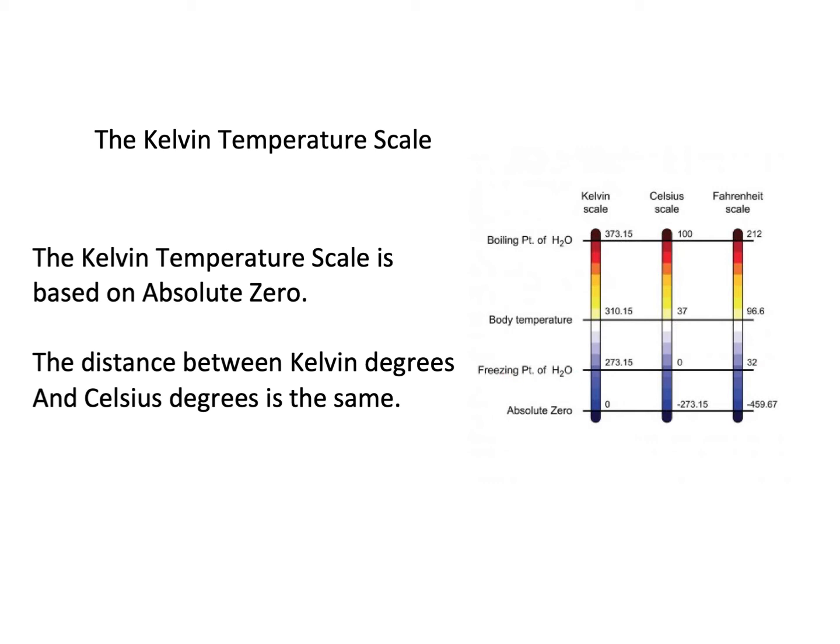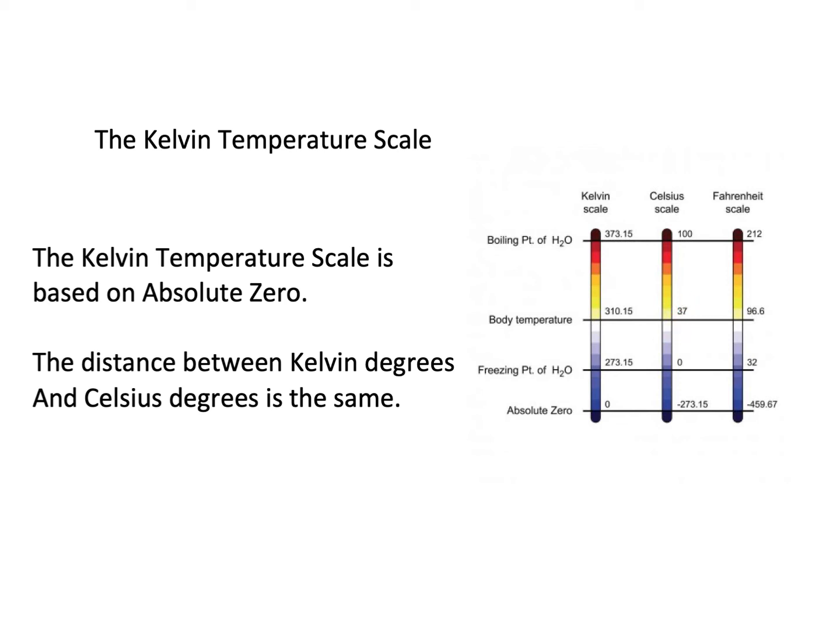The average human body temperature is 310 Kelvin. And by the way, that's the correct way to say that. You don't say degrees Kelvin, you just say 310 Kelvin. I don't know why, that's just the way it is. But on the Celsius scale, you do say degrees, and so the human body temperature on the Celsius scale would be 37 degrees Celsius.